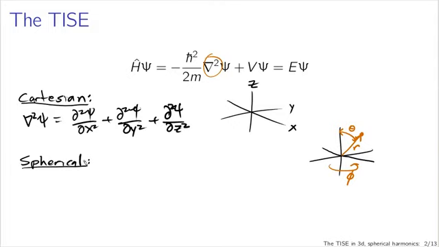And in that coordinate system, our Laplacian in spherical coordinates is a good deal more complicated than our Laplacian in Cartesian coordinates.